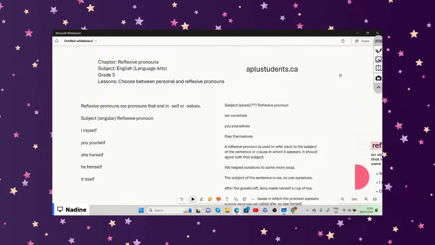But if after the lesson you'd like to go back and recap and go over your work, you can go to aplusstudents.ca. The chapter is reflexive pronouns, English grade 5, and to choose between personal as well as reflexive pronouns.